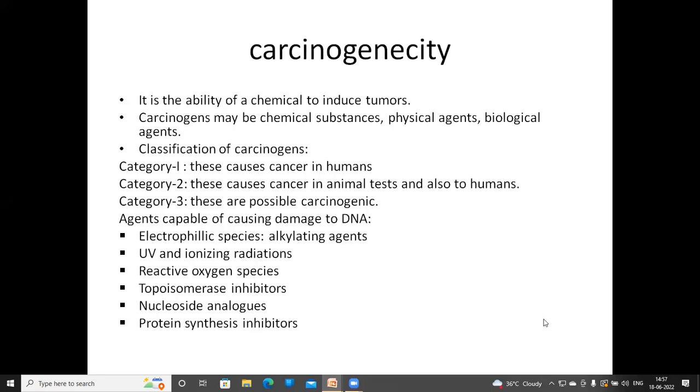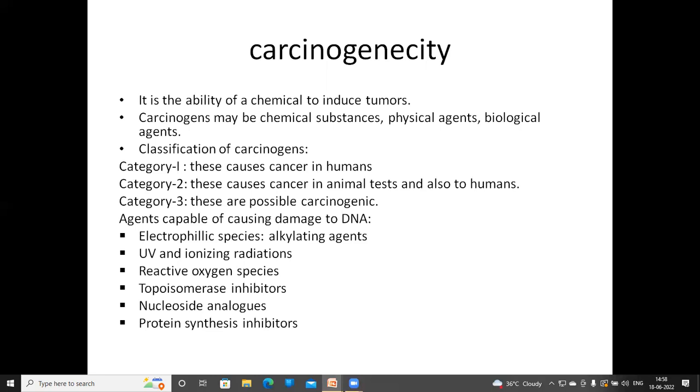Next one, you see carcinogenicity. What is carcinogenicity? It is the ability of a chemical to induce cancer tumors. The carcinogens may be chemical substances, physical substances, or biological agents like viruses, bacteria, and fungi.